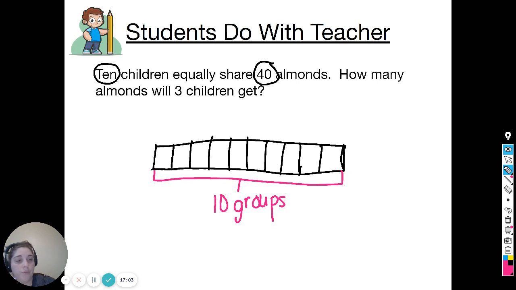So we know that there's 40 almonds altogether, so we do know our total. So what we don't know over here is the size of each group, or how many almonds each student will get. So go ahead and label your total, and then you're going to label your unknown with a question mark.